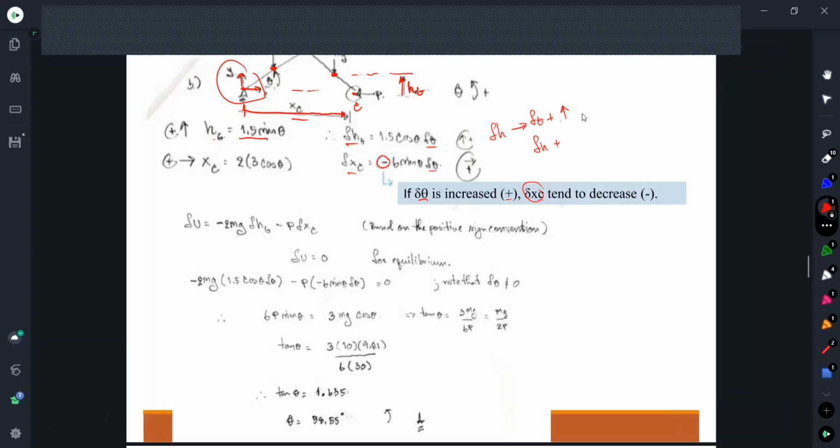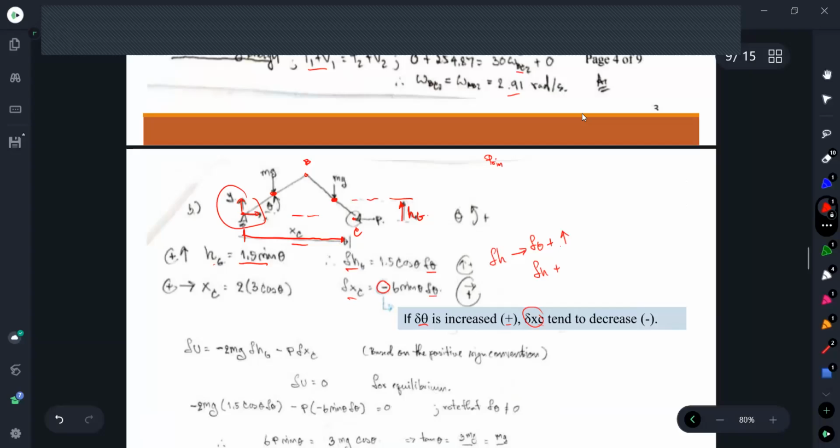The principle of virtual work states that the system of the rigid body is in equilibrium when the virtual work done of the system is 0.